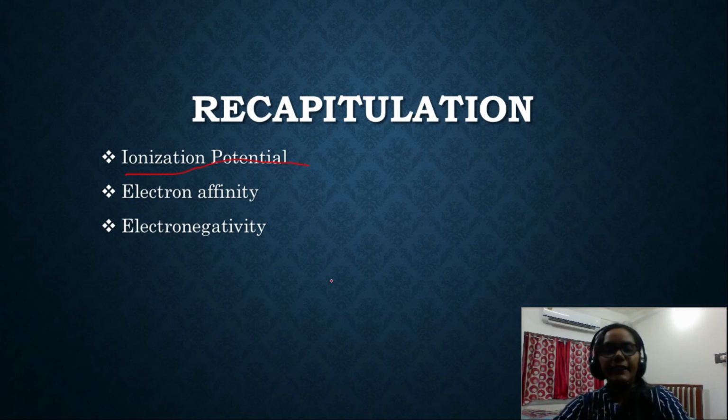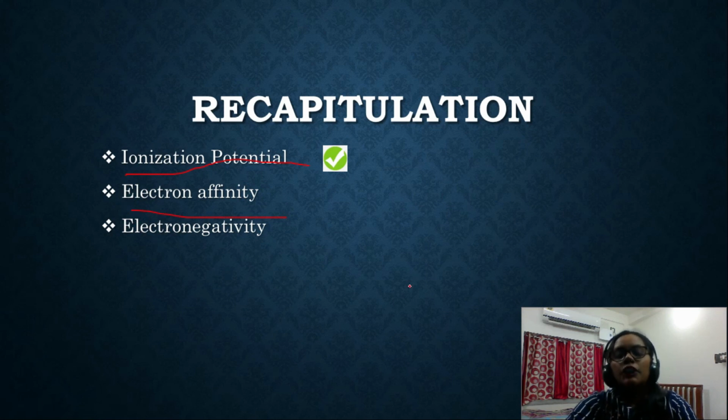Next we have seen electron affinity, that means the addition of an electron in the outermost orbital. We defined electron affinity and saw its trend. Next is electronegativity.